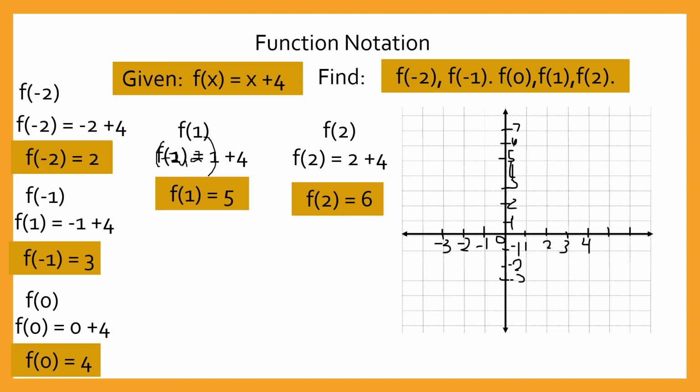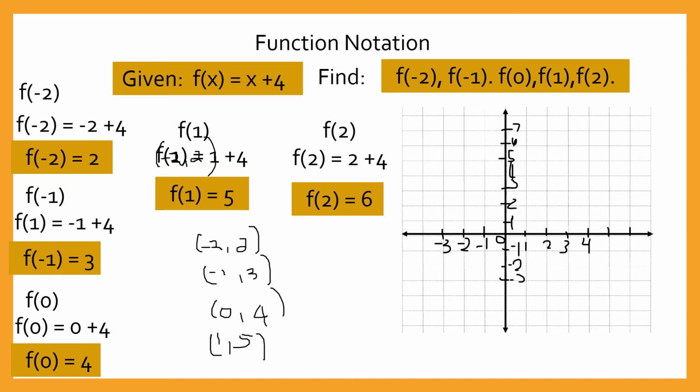So the first point, negative 2, and then y is 2. Next, negative 1, and then y is 3. Then if x is 0, we have 4. Another one, if x is 1, then y is 5.